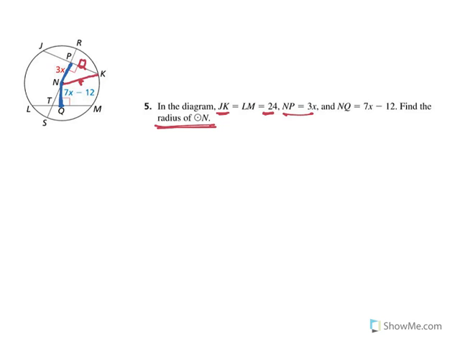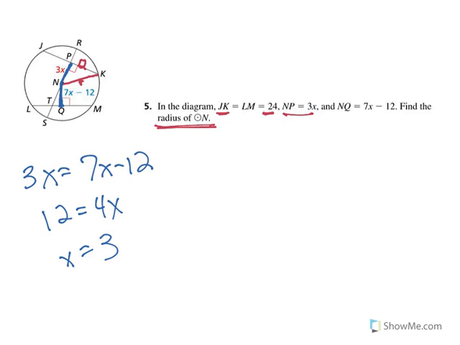Don't let this NT over here throw you off. So that means that 3x is equal to 7x minus 12. And when we solve, 12 is equal to 4x and x equals 3. Well, we need that to go into that 3x. 3 times 3 is 9.